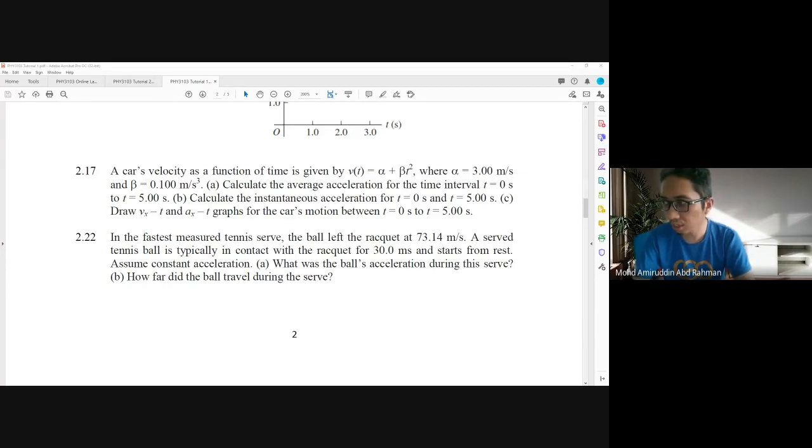So that's the answer for B. And for C, you need to draw it.